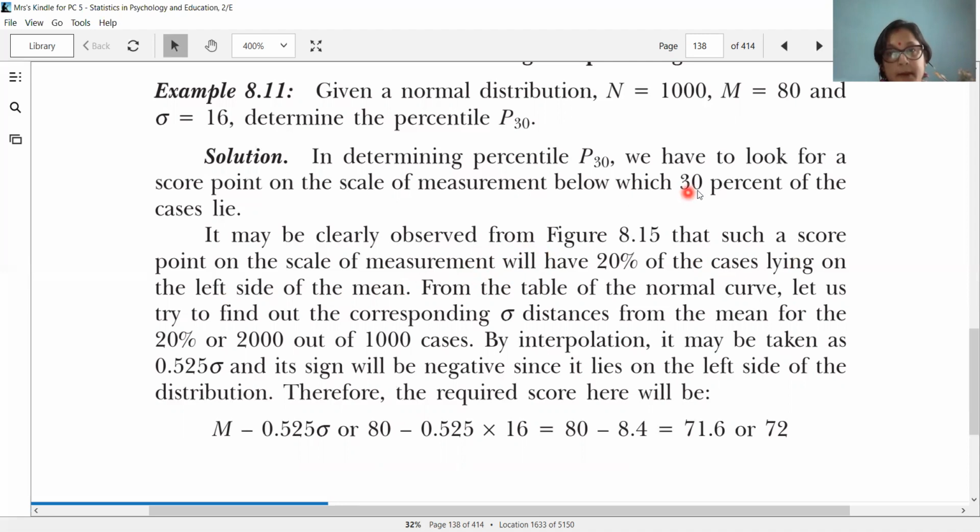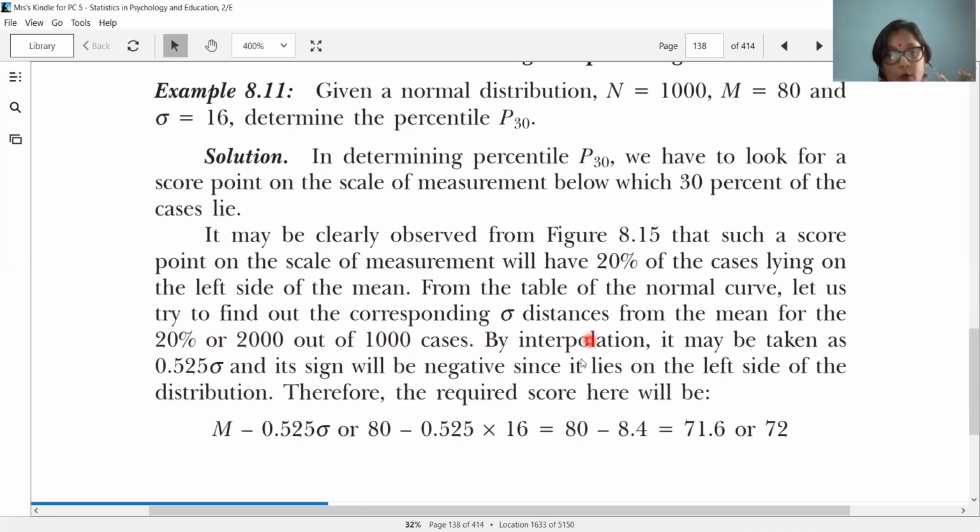So 50 minus 30 is equal to 20% of the cases lie on the left side of the mean. Now we need to find out the sigma distance from normal curve table for 20% or 2000. 20% means 2000 out of 10,000 cases. It is not 1,000, it is 10,000 cases.